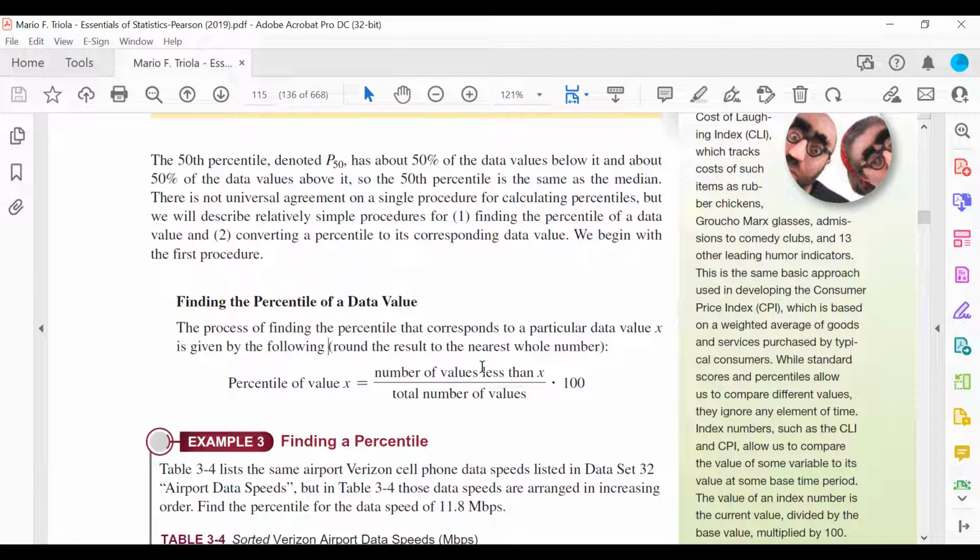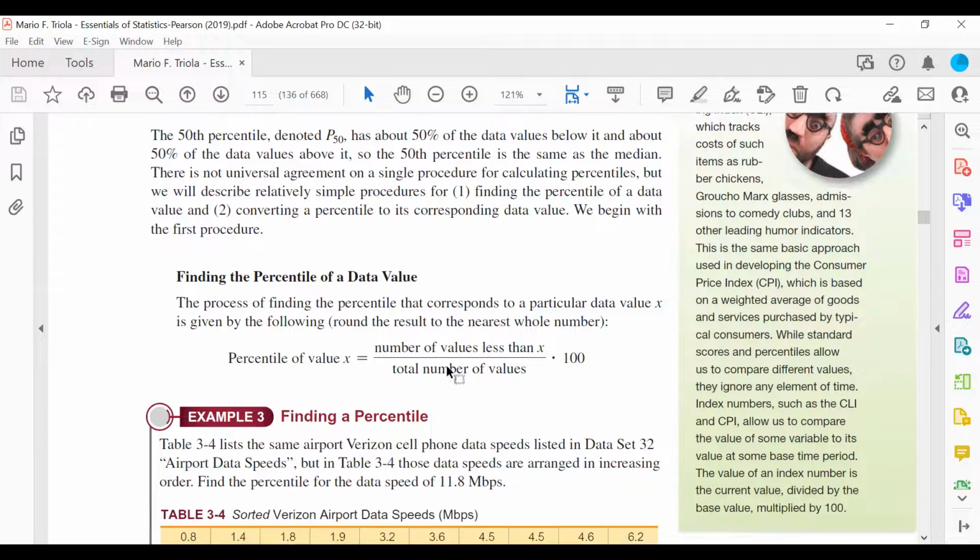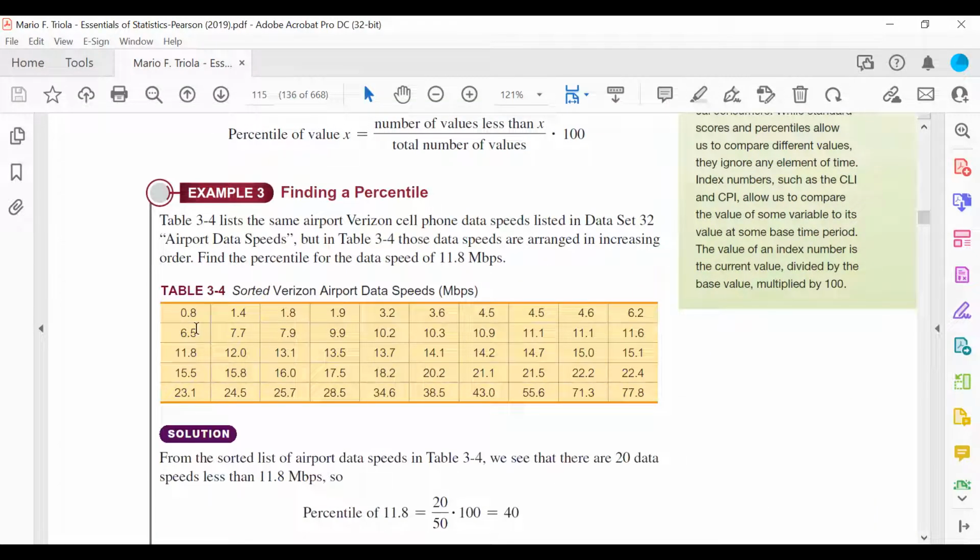All right, so there's a data set below here. This box, table 3.4, is a list of sorted Verizon airport data speeds. They were measuring data speeds at the airport, and they are giving you the data in rows.